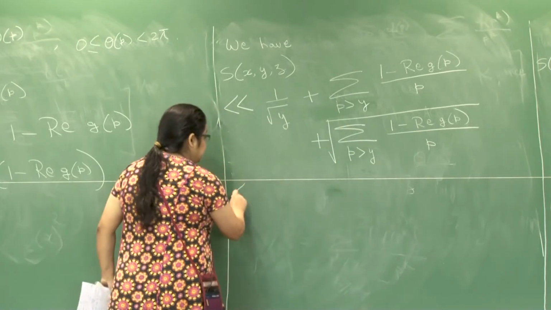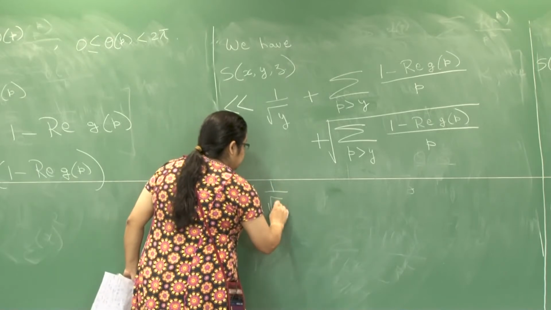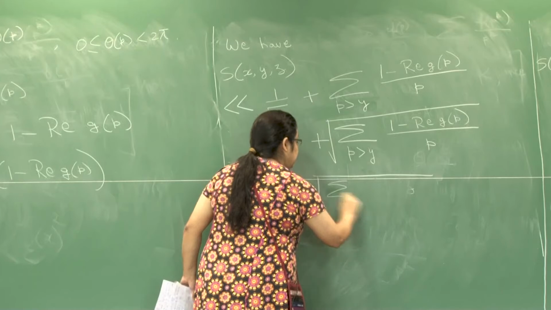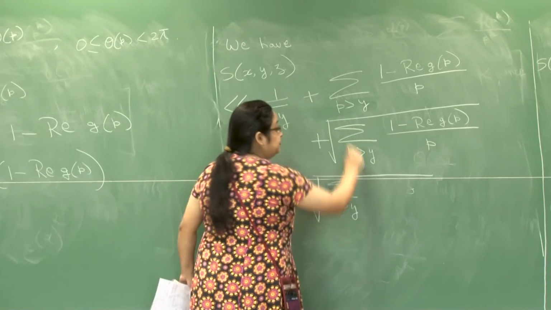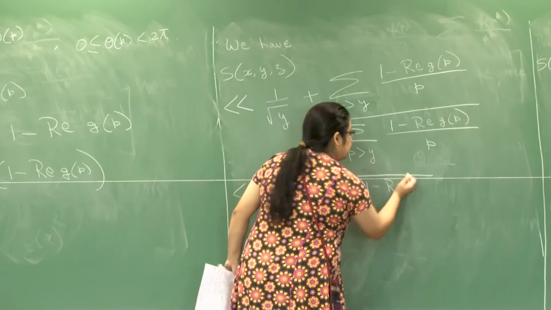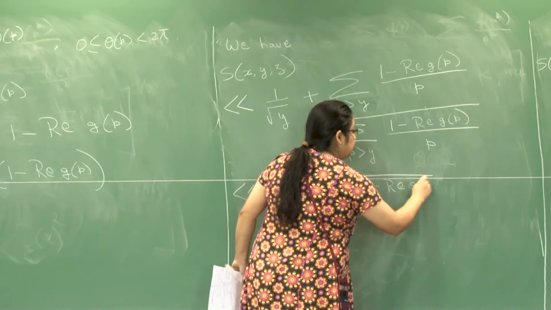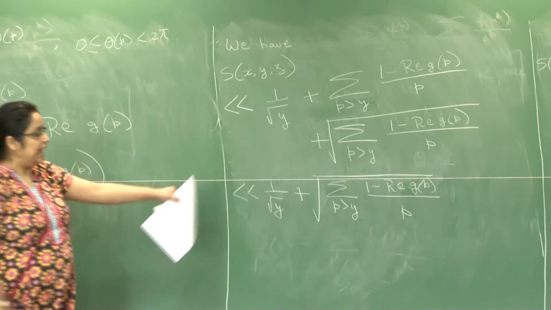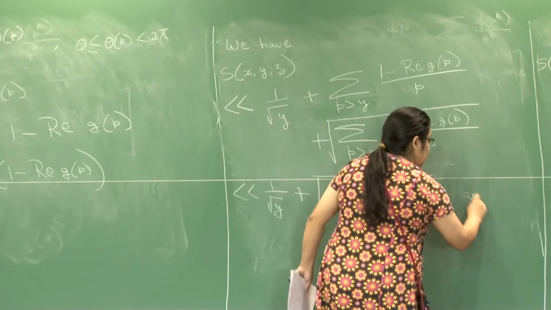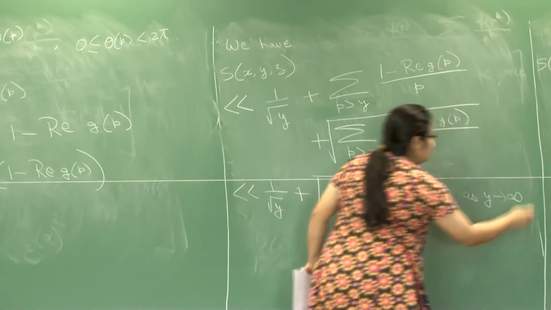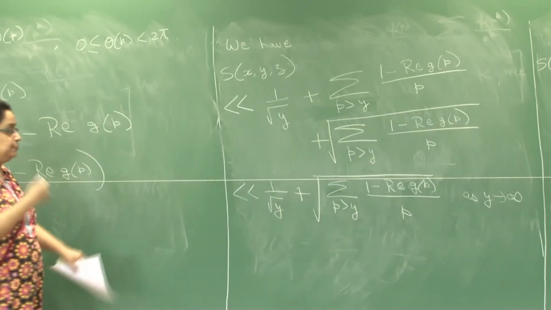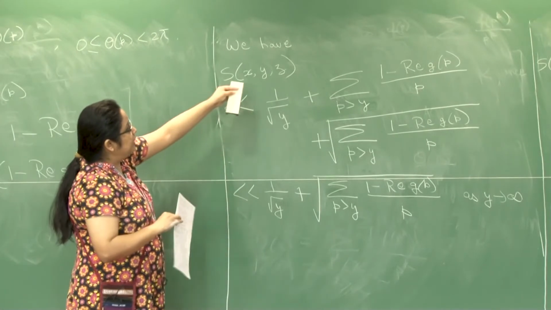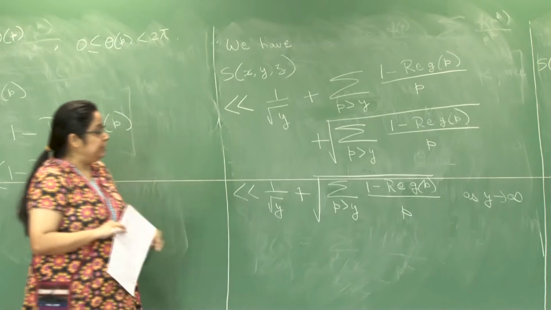So, this is less than 1 over square root of y plus the square root of the summation over p greater than y of 1 minus the real part of g of p over p, as y goes to infinity. So, for very, very large values of y, what you have shown is that this S of x comma y comma z seems to be going to 0.